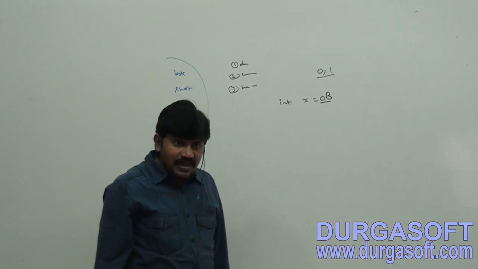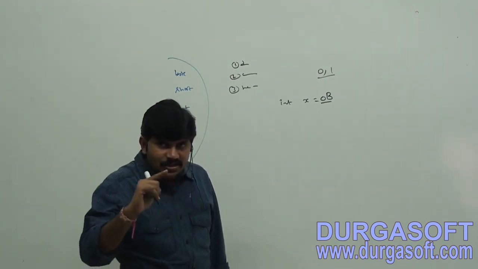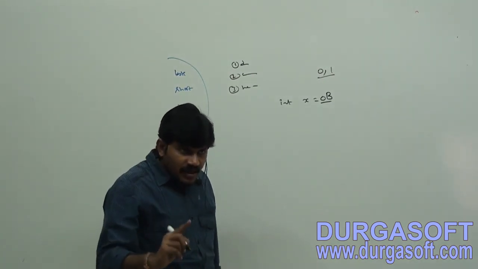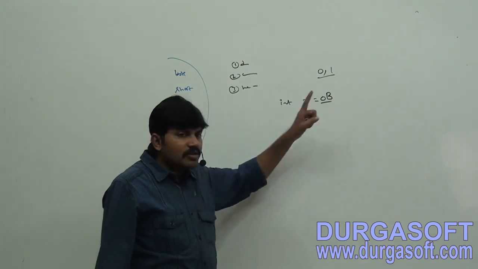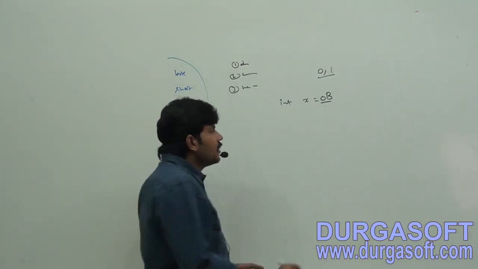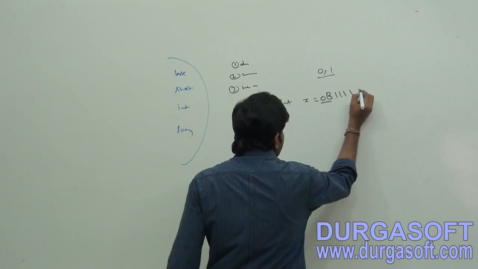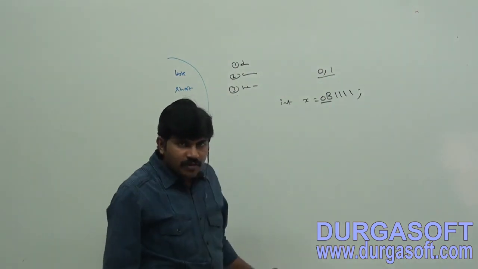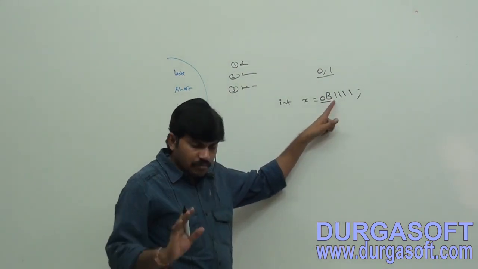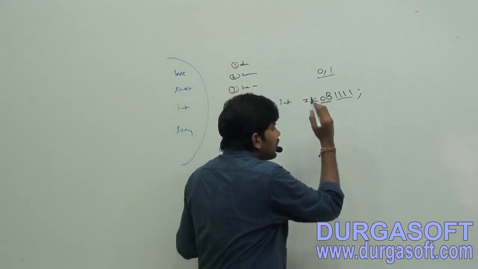0x means hexadecimal, and 0b or 0B means binary. Take int x = 0b1111. If a number is prefixed with 0b, it is binary.